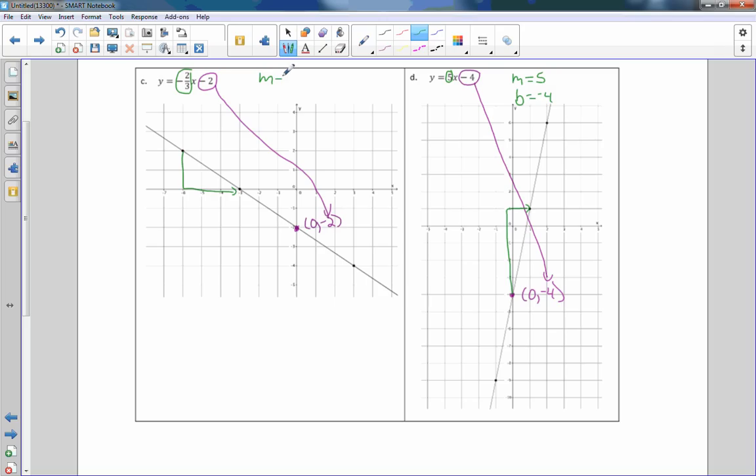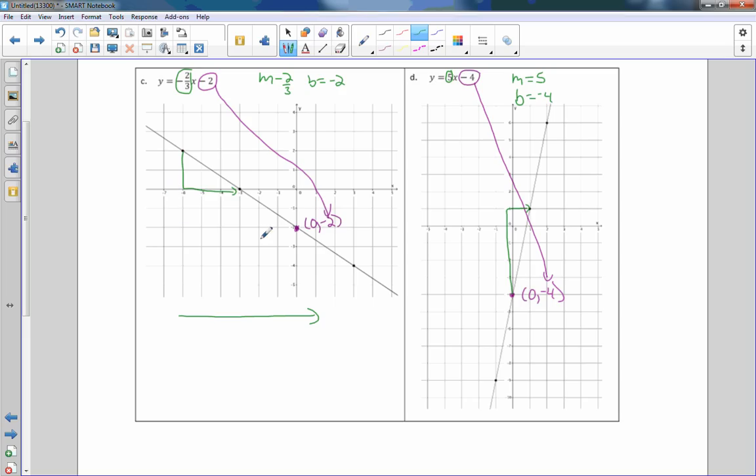Over here, the slope is -2/3, and the b is -2. The y-intercept is -2. Now keep in mind, now I want to discuss positive and negatives. This is the first time I've seen a negative slope in the last couple of lessons, letter C. So if we are decreasing as we go from left to right, remember when we read a book, we read it from left to right.